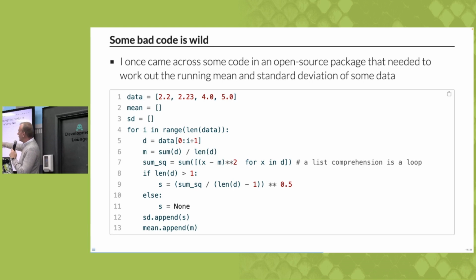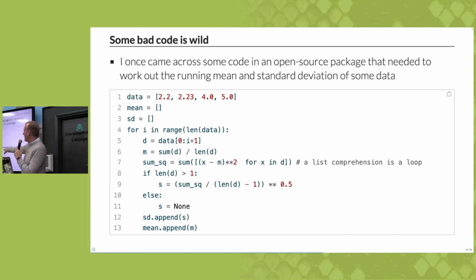So you have your list of numbers, and you're just going to loop over that, and each time you're going to extend that list a little bit longer. So you're first going to capture the first 1, then the 2, then the 3, and then you're going to work out a sum, and then a sum of squares, and then a standard deviation, and then just append that to a list, right?